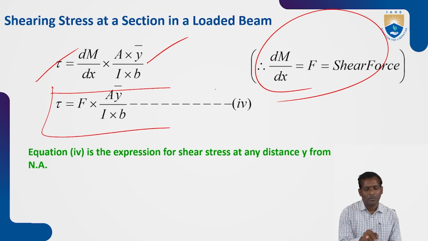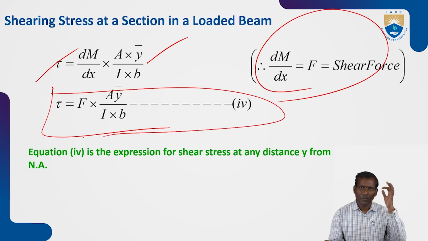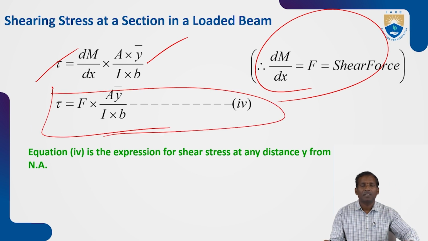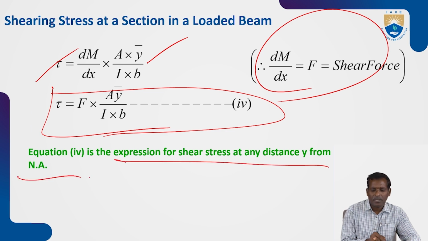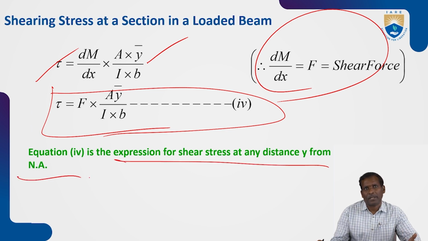So tau is equal to this fourth equation. You can write dM by dx as the shear force F, and A y bar by I into b gives the shear stress. So equation 4 is the expression for shear stress at any distance y from the neutral axis.